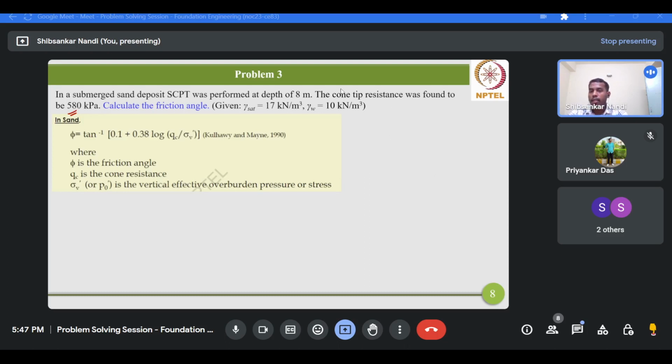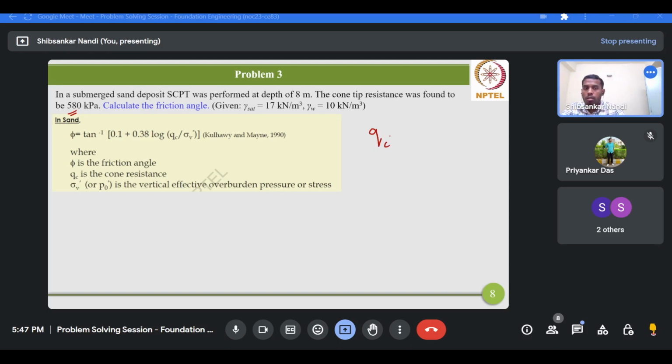In sand, you can correlate the cone tip resistance with the friction angle in this manner, given by Kulhawy and Mayne 1990. Where phi is the friction angle, qc is the cone resistance, and sigma v0 prime is the vertical effective overburden stress. So this is the equation: phi equals tan inverse of 0.1 plus 0.38 log of qc divided by sigma v0 prime.